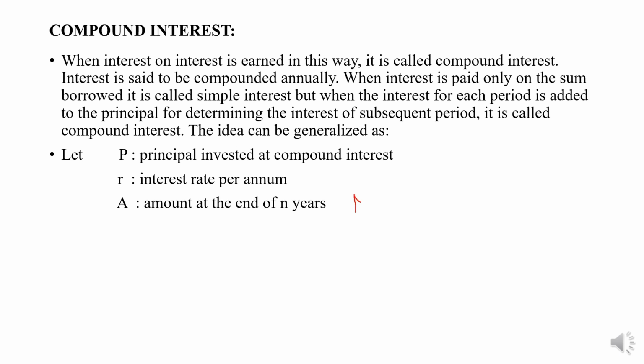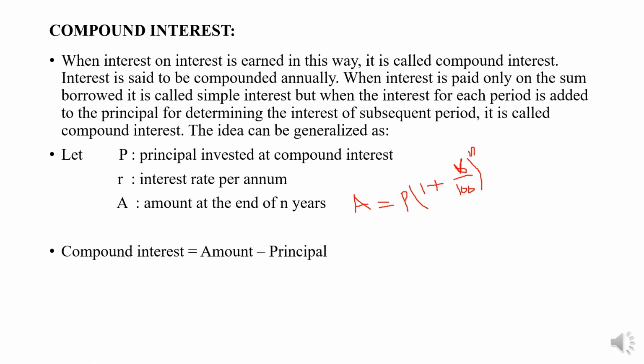A, which is the amount at the end of the n years, equals P, the principal amount, into 1 plus R, which is the rate of interest, divided by 100, and in the power we will have n, which represents n years.